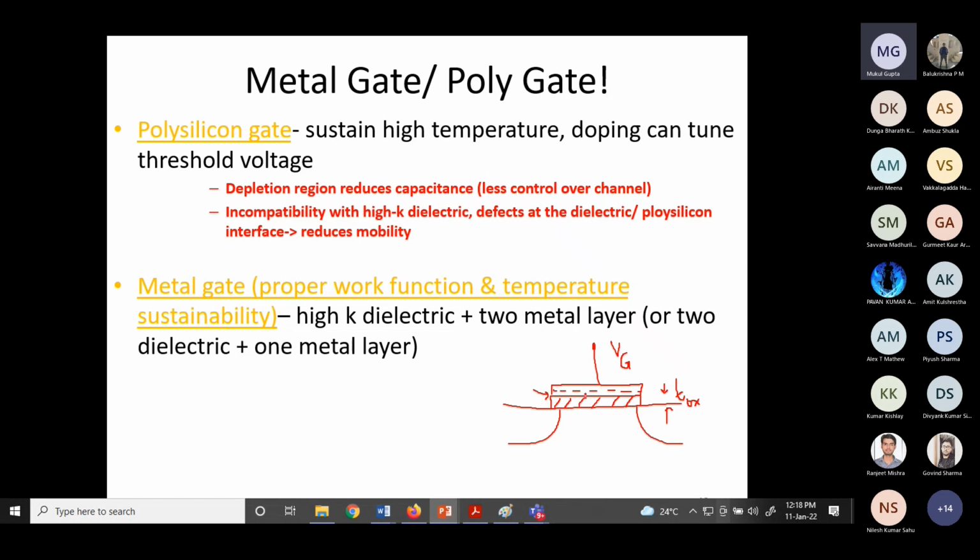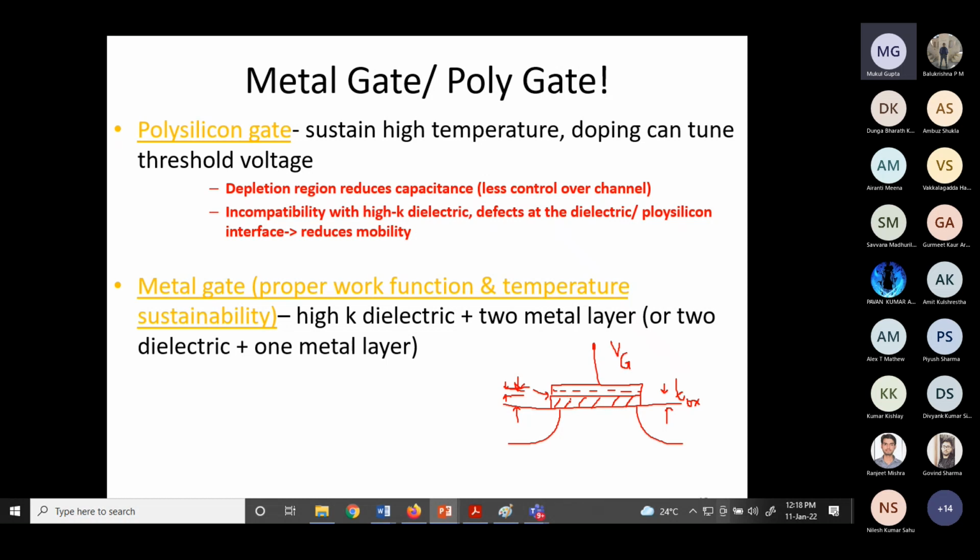If there is a depletion region, the overall insulating layer thickness is going to increase. It will be more than Tox, because this additional thickness of depletion layer will also act as a sort of insulating layer along with this Tox.